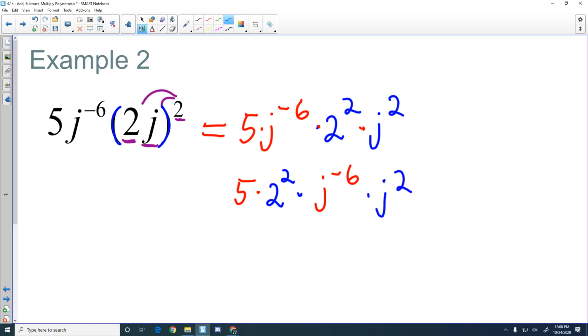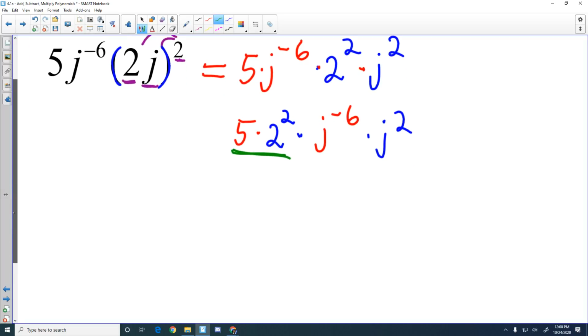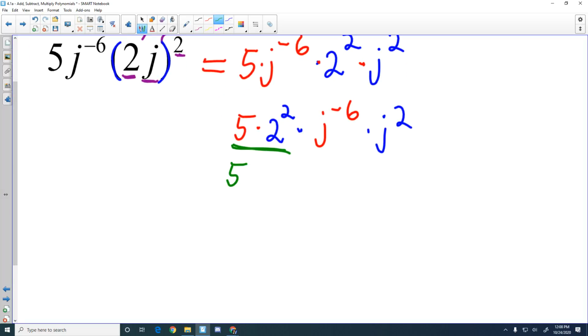We're just going to multiply the like bases together. Now in this case, up front here, you've got 5 times 2 squared. Well, that's the same as 5 times 4, because 2 squared is 4. When I multiply those together, we just get 20.